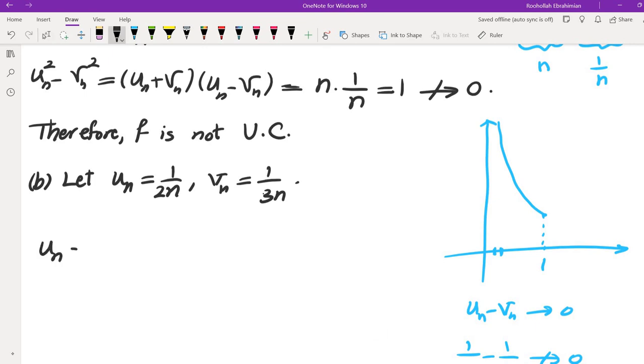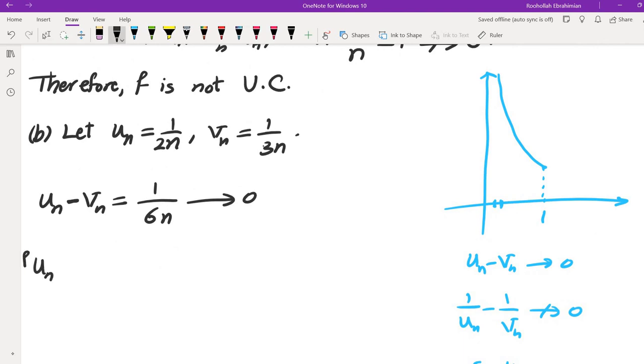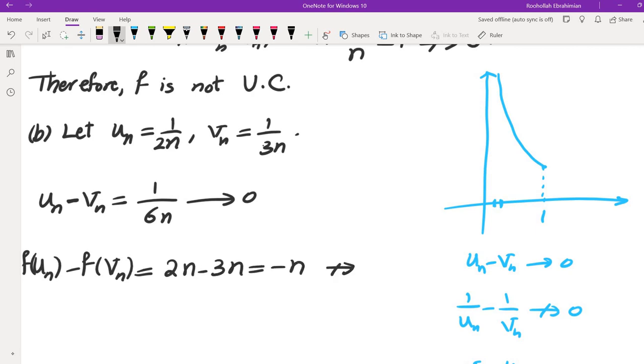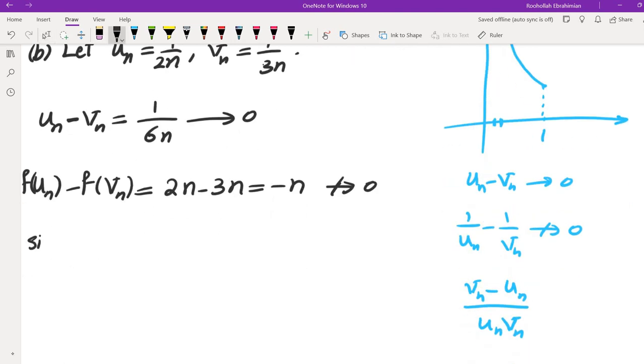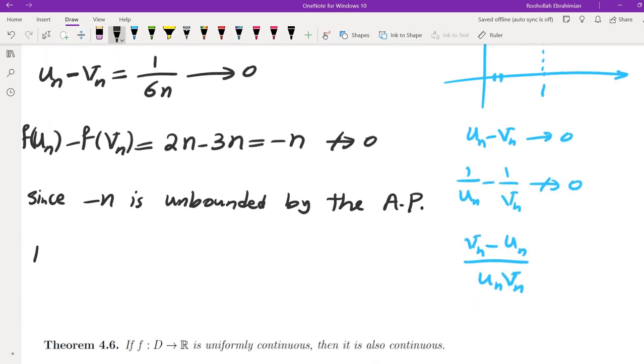Now, un minus vn is going to be 1 over 6n, which approaches 0. f of un minus f of vn is going to be 2n minus 3n, which is negative n, and that does not approach 0, since negative n is unbounded by the Archimedean property. Therefore, f is not uniformly continuous.